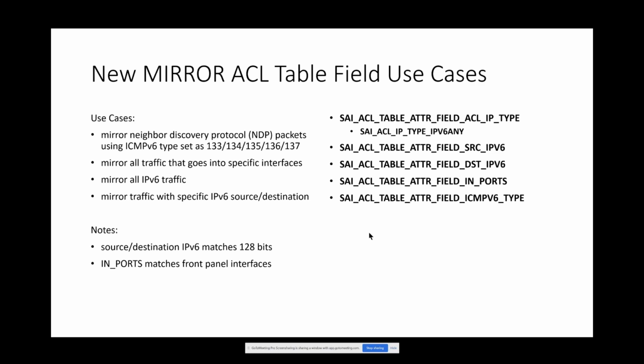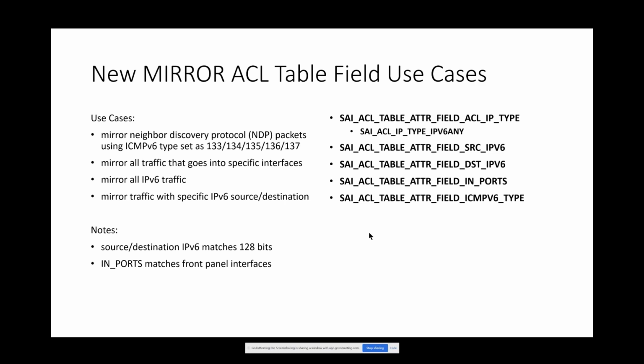This is also used for fast reboot. The other three use cases are requirements from Everflow, so that we can, for example, mirror all the traffic that goes into some specific interfaces, or mirror all the IPv6 traffic on a device, or mirror some specific IPv6 source and destination combinations.